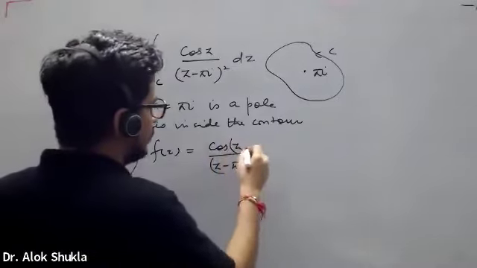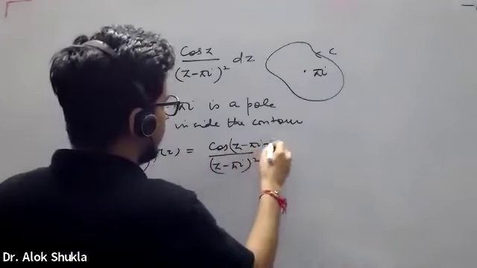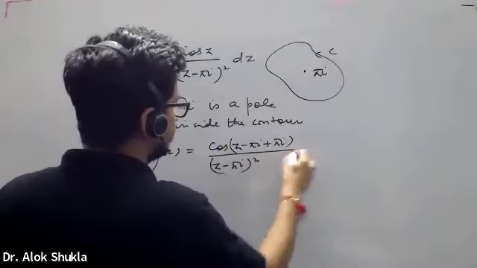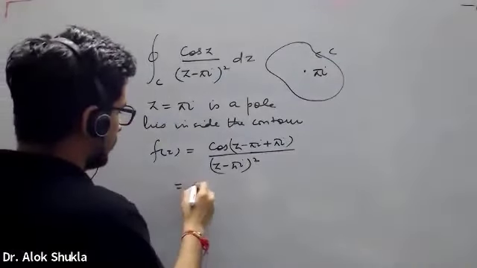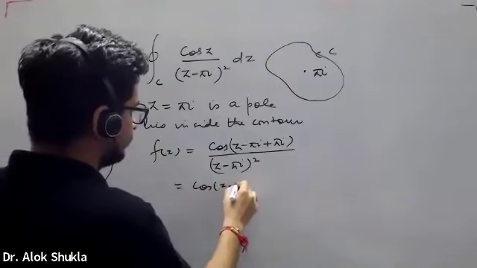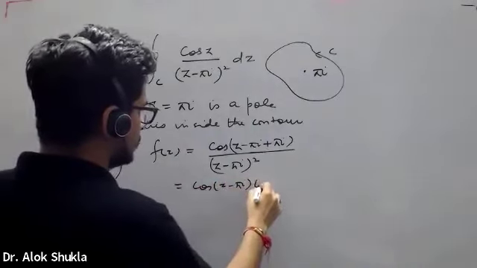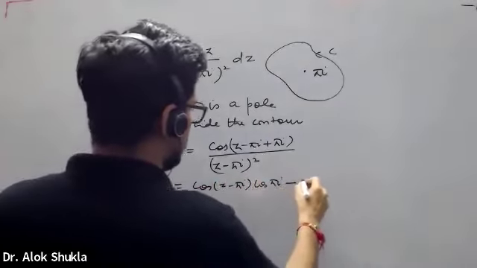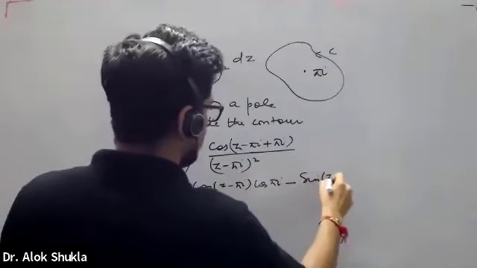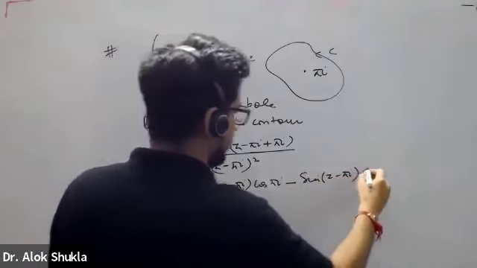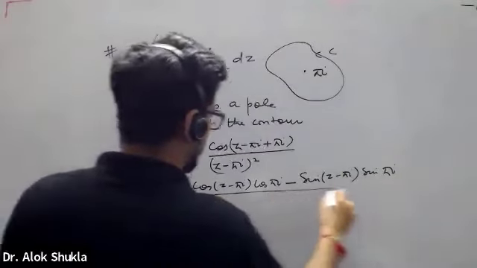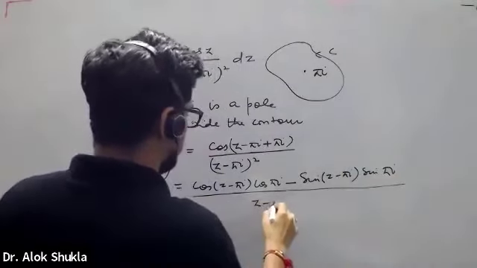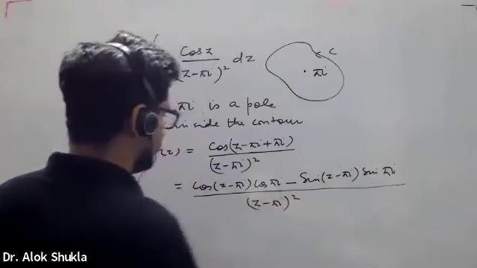And what I am going to do is write z minus pi i plus pi i. I can do this. So this will become cos A cos B minus sin A sin B over (z minus pi i) square.